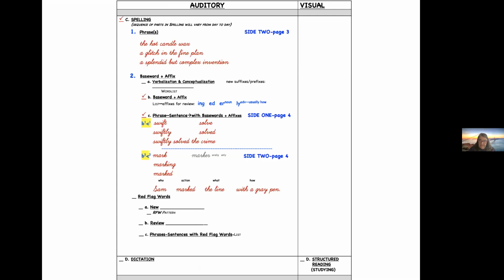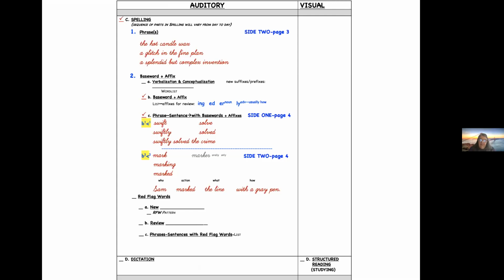So they would listen to the whole thing. Do they say the whole sentence back to you and then you ask your questions? It depends upon the group, but chances are I would say it once. I might say it again depending upon the group, but I wouldn't have them repeat it yet. Then I would do the who and the action and the what and the how.